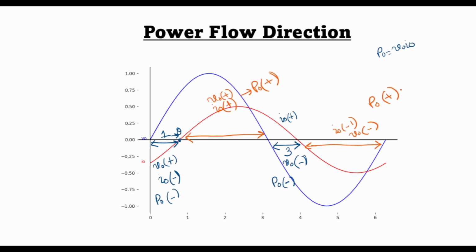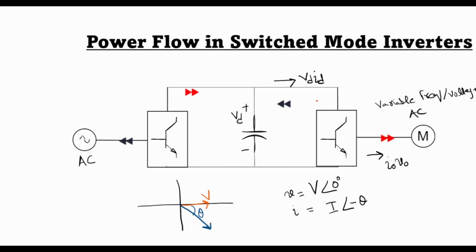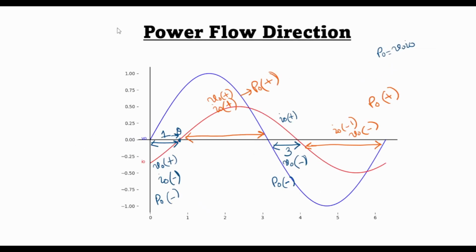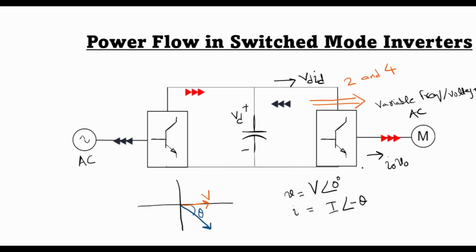So what does this positive and negative power flow mean? The positive power flow means that the power is flowing from the DC side to the AC side during this second and fourth region, while in the first and the third region the power is flowing from the AC side to the DC side.